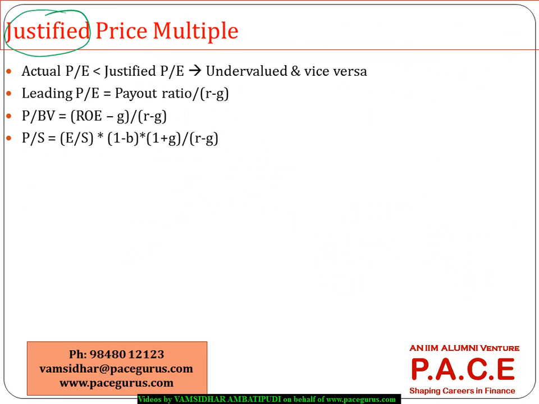Now we look at the actual multiple and compare it with the justified multiple. Justified could be based on the comparables approach, or it could be based on the fundamentals based valuation approach.